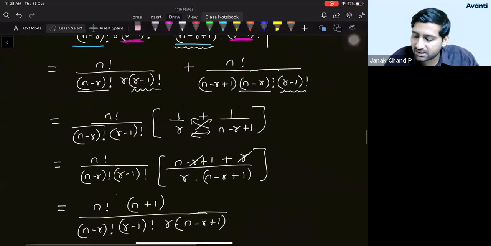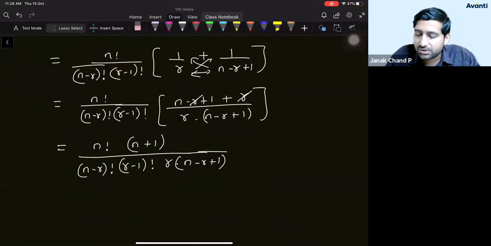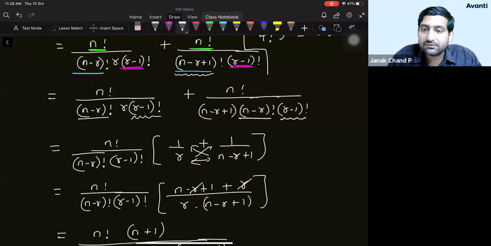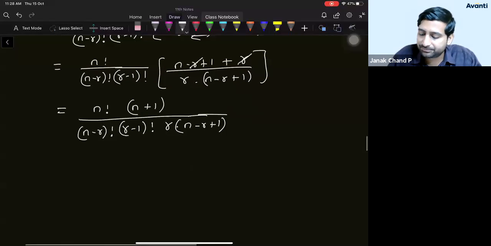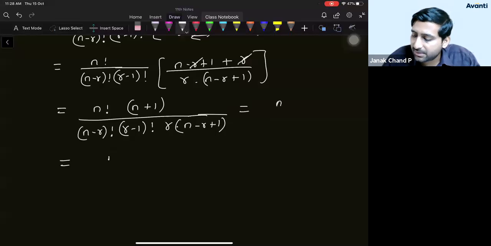So we'll be using that here, students. As you can see here, you have a factorial of a number multiplied with its next number. If the factorial is multiplied with the next number, it will be the factorial of the next number. So this numerator is nothing but n plus 1 factorial. I hope you can understand this.